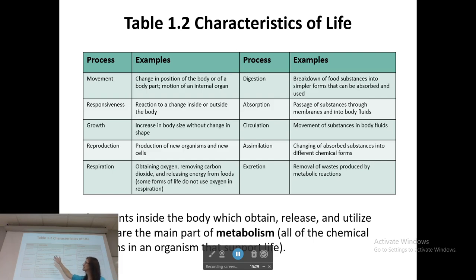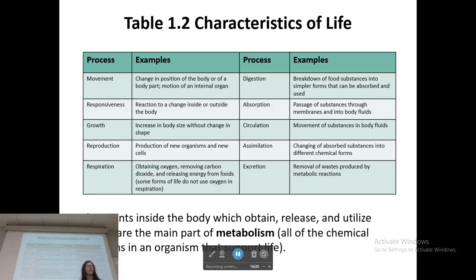And members of kingdom Animalia, including us, have these certain characteristics. And one of them is movement. We are able to move around, whether we are talking about movement of the whole body, right? Or just movement of parts, okay? Or movement within the body, okay? So we have different levels or different aspects that we're talking about when we mention movement. So change in position or motion of an internal organ.